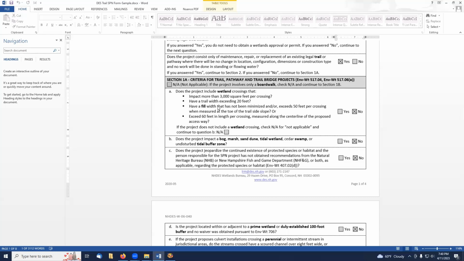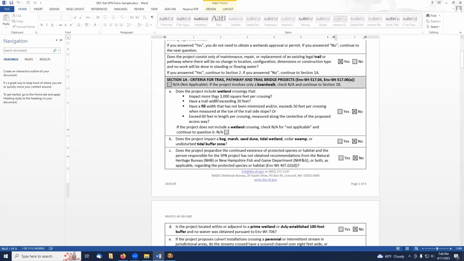And in our world, you won't even be able to get even close to 3,000 square feet because the maximum distance is 60 feet along the trail times the width of the trail, which is 15 feet. So the most we'll be able to impact is 900 square feet.